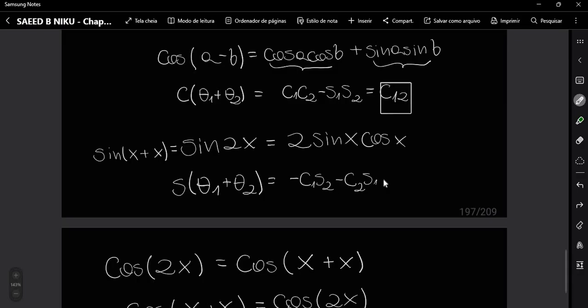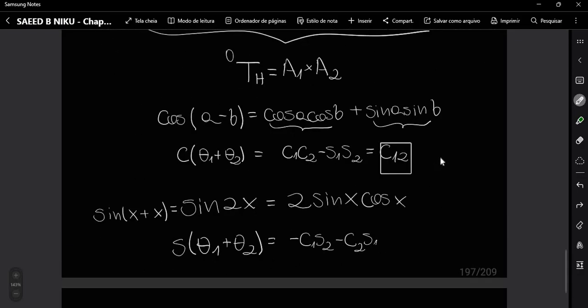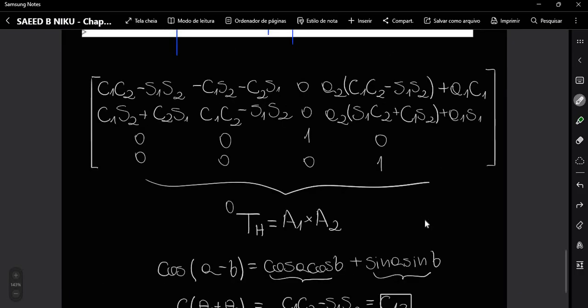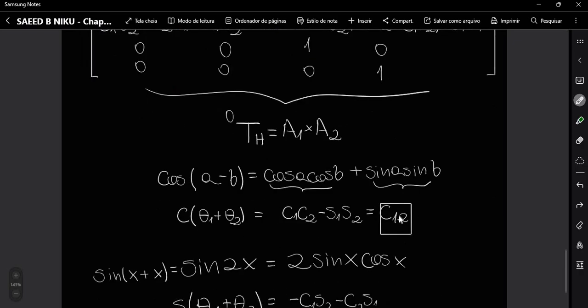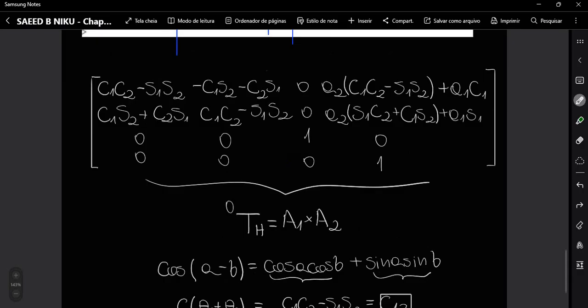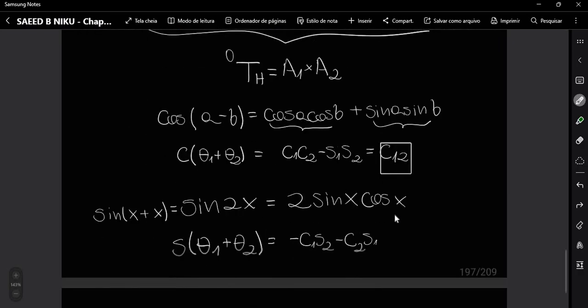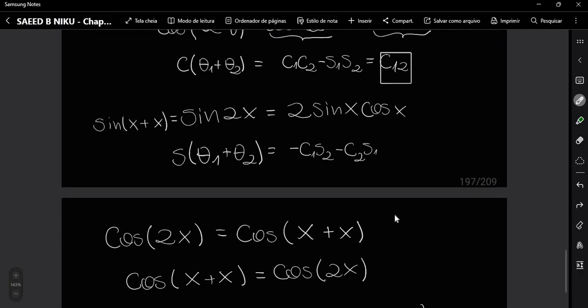And now in this property we can see a similarity with this element. Right here we will call this S12, because of the angles, and here it is minus.